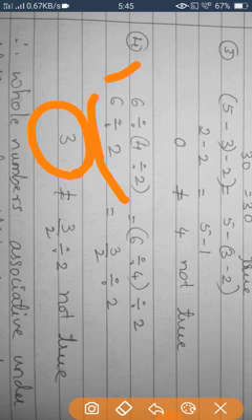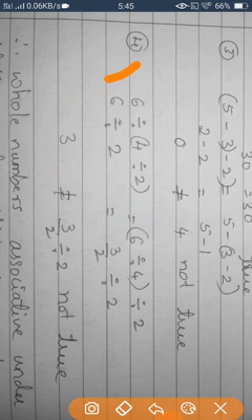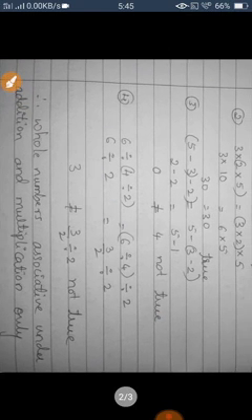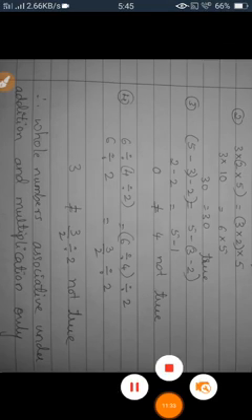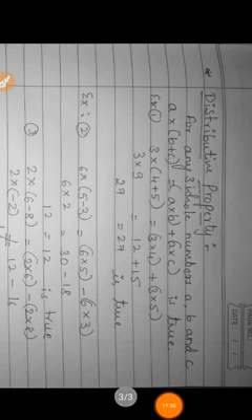But 6 divided by 4 gives a fraction, which you'll learn in the next classes. But these are not equal. So we can conclude that whole numbers are associative under addition and multiplication only. Then go for the next property.